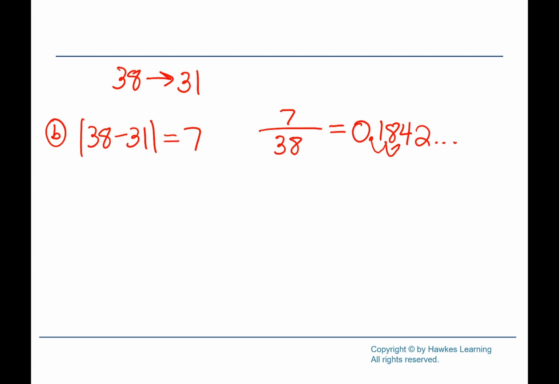So if we change that to a percentage, that's about 18.4%. So is that 18.4% increase or decrease? Decrease, right? We just have to look back at the numbers because it went from 38 to 31, so we're going down. Okay. So 18.4% decrease.